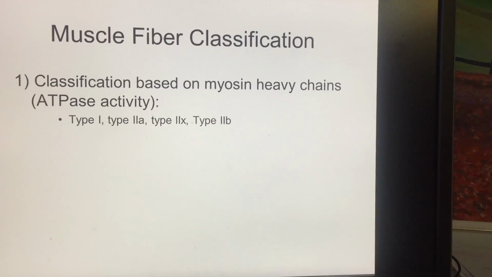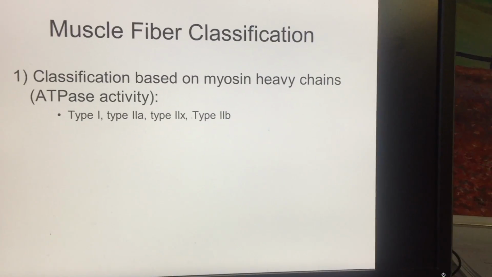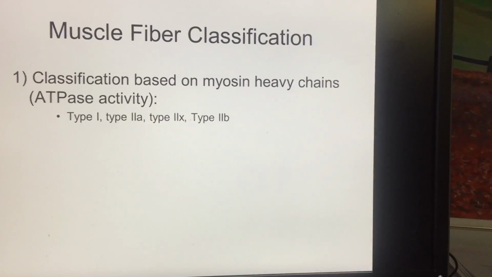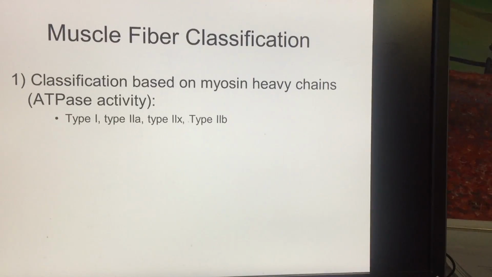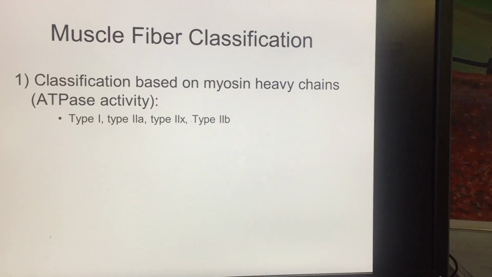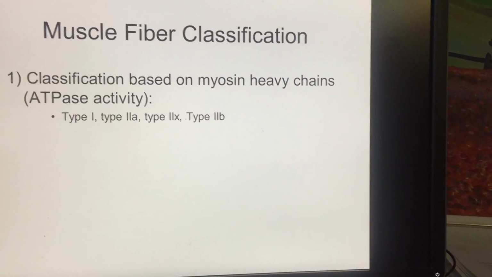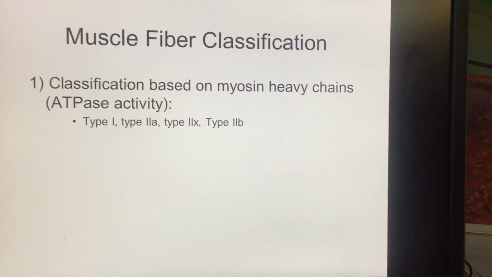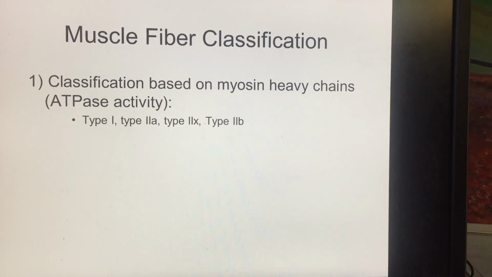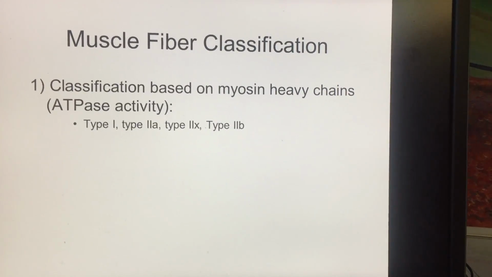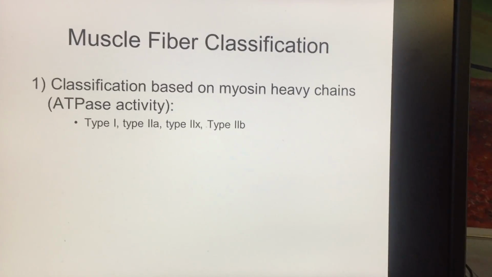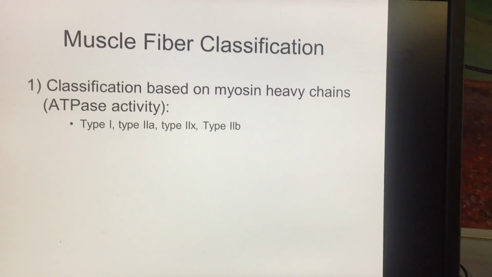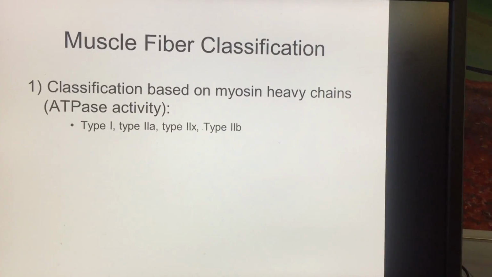So this fiber type classification is strictly based on myosin heavy chains or your ATPase activity. If you're going to determine this muscle fiber type composition in a human, you would have to use invasive methods. You'd have to take a muscle biopsy and then do a biochemical analysis on the muscle biopsy to determine the type of muscle fibers that are in it.